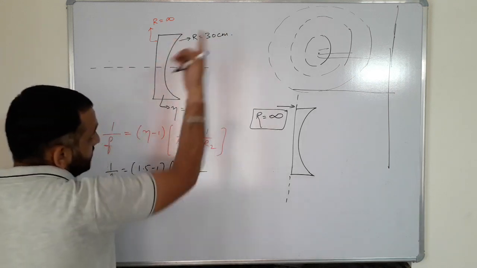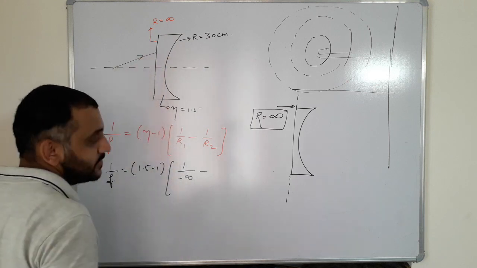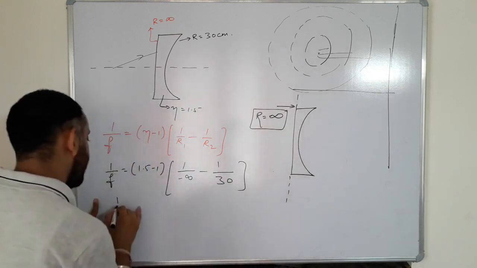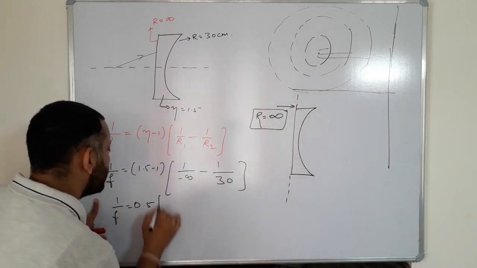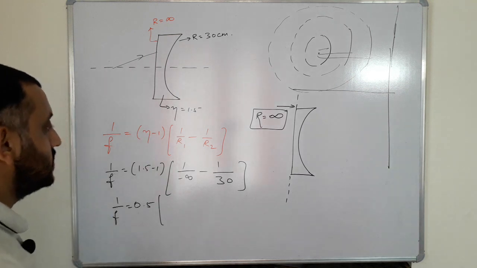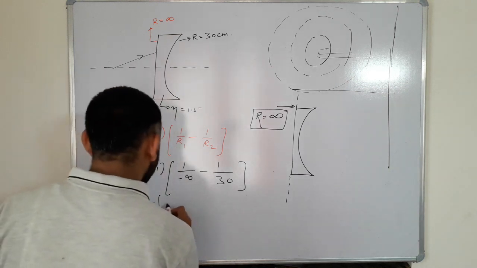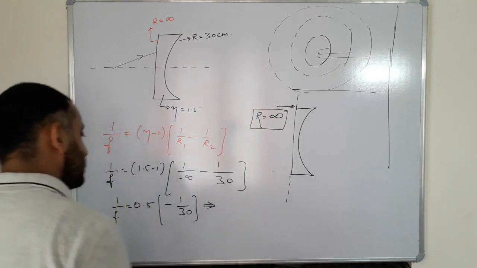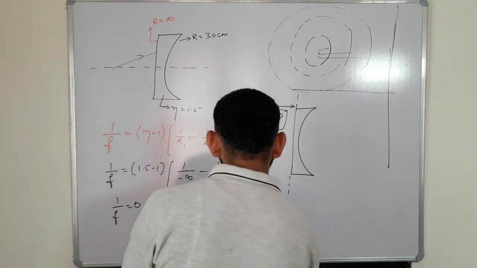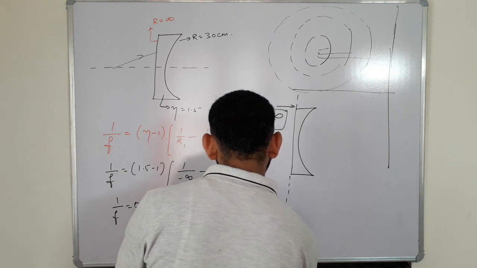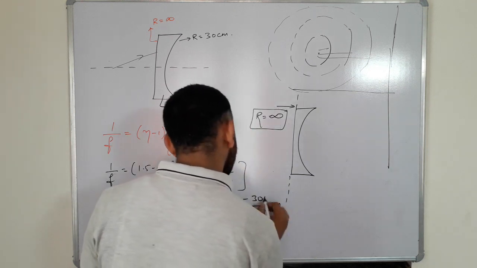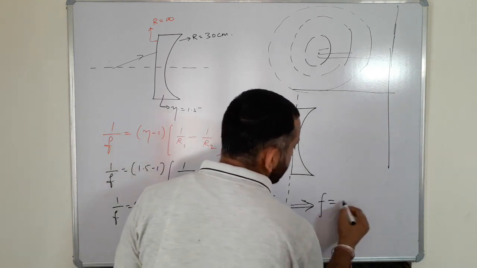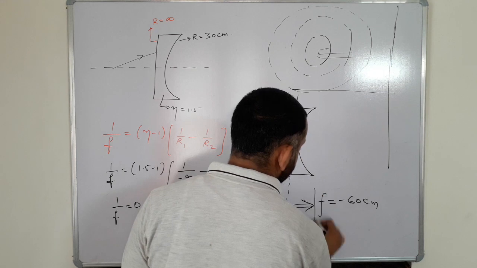R2 is plus 30, since the ray is coming from here, so this will be 1 by 30. So 1 by f equals to 0.5 into bracket, 1 by infinite is 0, so I'll get minus 1 by 30. This implies focal length f equals to minus 30 by 0.5 centimeters. So the focal length will be minus 60 centimeters.